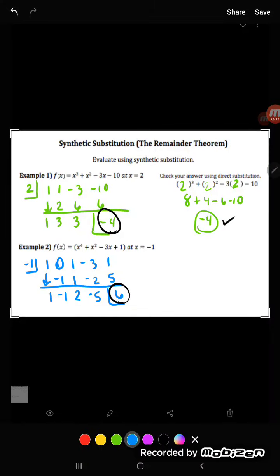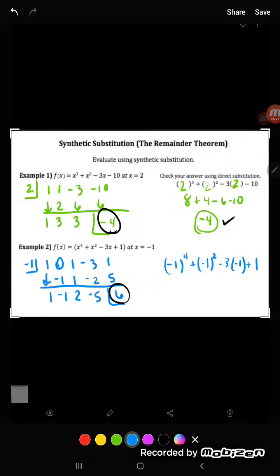So my original polynomial is x to the 4th. So instead of putting an x there, I'm going to plug in that -1, which is what I evaluated the polynomial at. So (-1) to the 4th plus (-1) squared minus 3 times (-1) plus 1. Please remember to use the parentheses, okay?